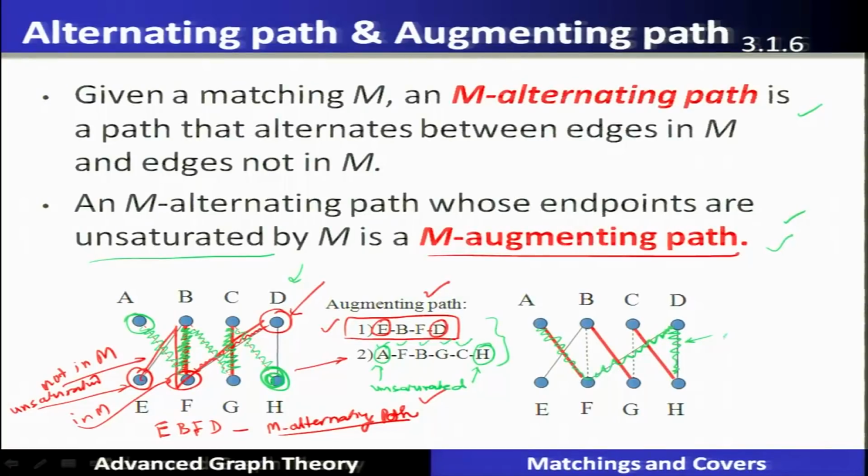So, hence it is not an M alternating path, nor is it an M augmenting path. So, we have to be careful while we define M alternating path and M augmenting path. It is not that all the paths in a graph are in this category.